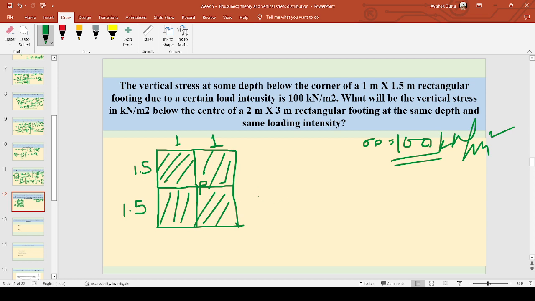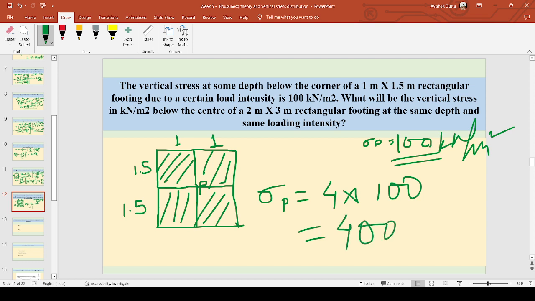So to find the vertical stress of the modified rectangular footing at point P, all we have to do is combine the vertical stress at the corner of each individual slab of 1 by 1.5, that is 4 into 100, so we get a value of 400 kilonewton per meter square.